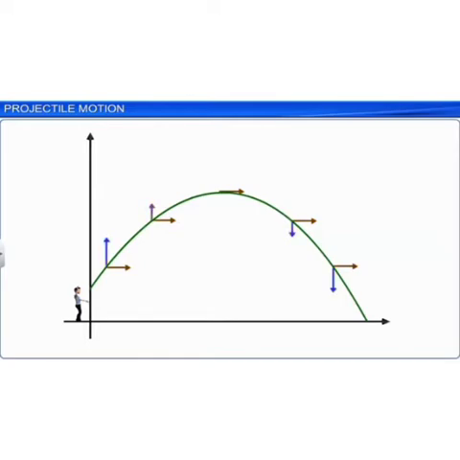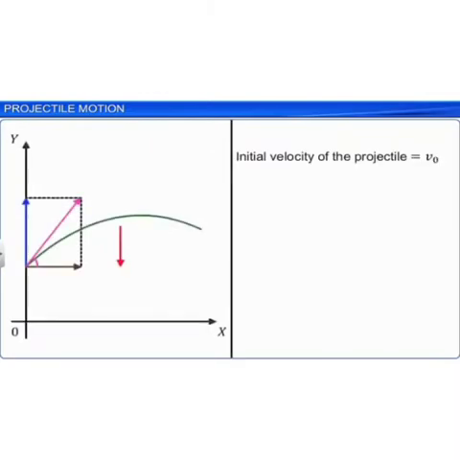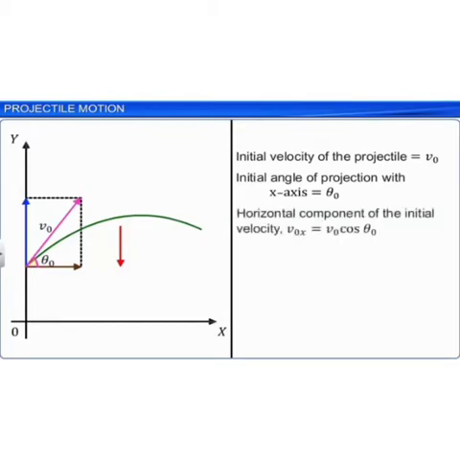We neglect the effect of air resistance. The initial velocity of the projectile is v0. The initial angle of projection with the x-axis is theta 0. The horizontal component of the initial velocity, v0x, is v0 cos theta 0.